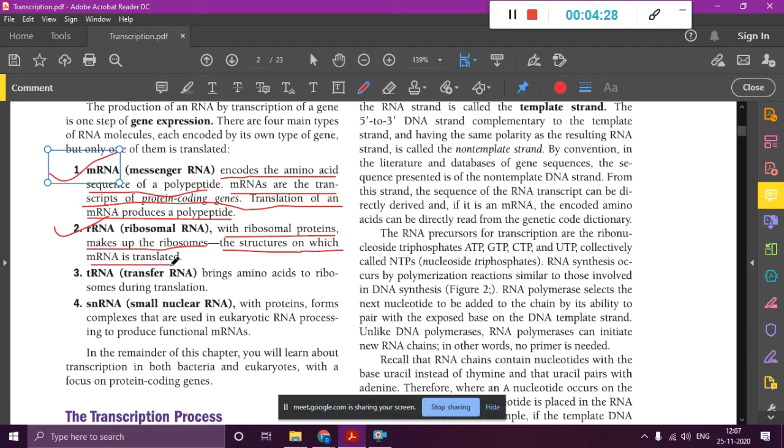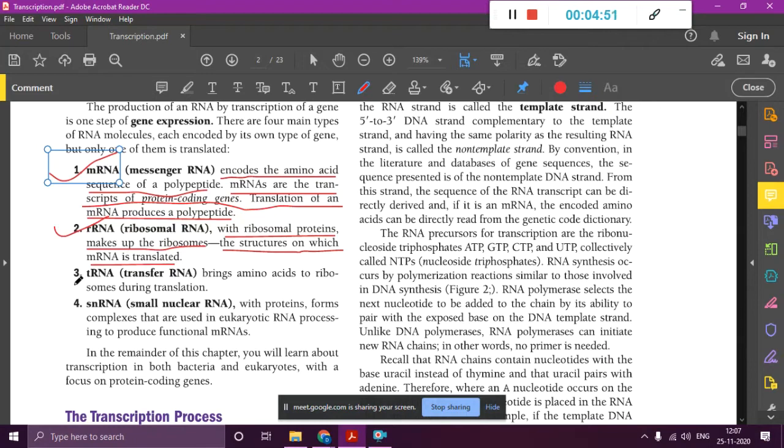So, the ribosome is made up of ribosomal proteins as well as ribosomal RNA. And this ribosome translates the messenger RNA.